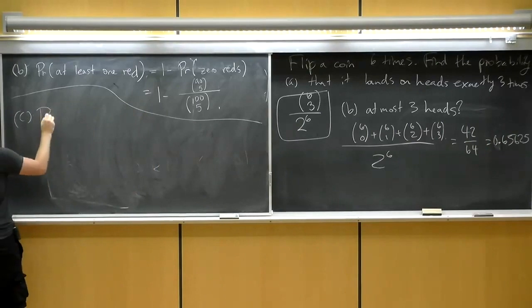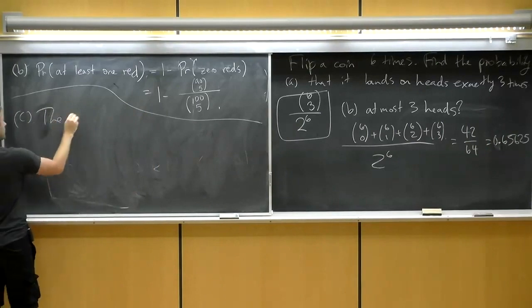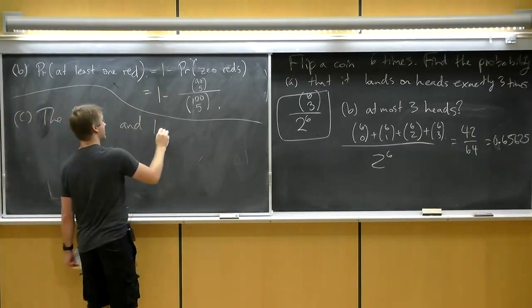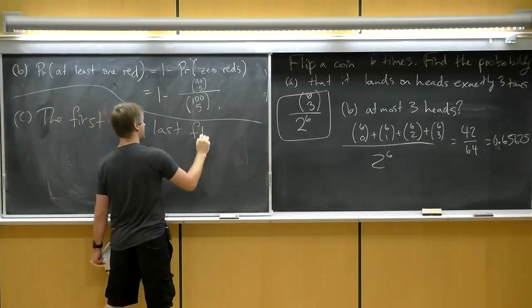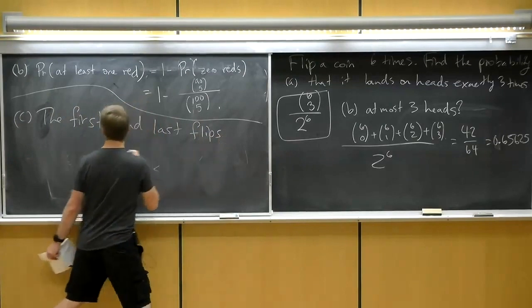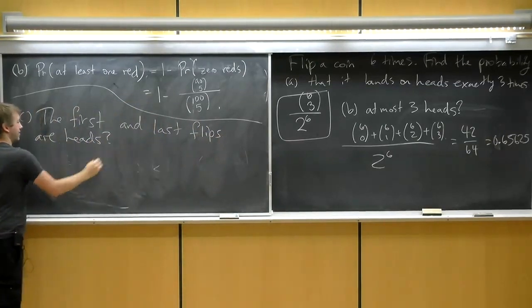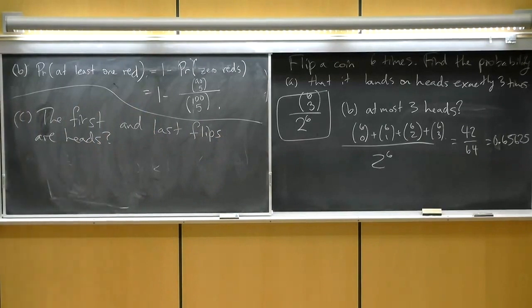What's the probability that the first and last flips are heads? So out of 6 flips.